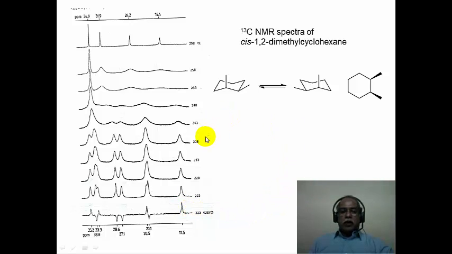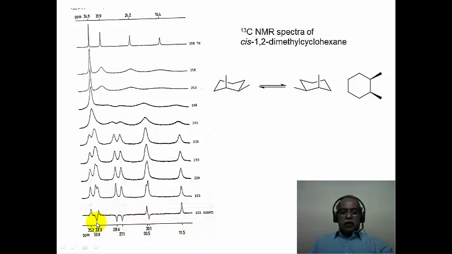As I said, if this molecule were existing in a frozen state without the conformational interconversion, there will be a 1:1 mixture of these two isomers, which are enantiomers. Enantiomers are indistinguishable by NMR spectroscopy. They are chemically equivalent, so the chemical shift value of this equatorial carbon and this equatorial carbon will be identical. So one should see 8 signals in the NMR spectrum, of which 4 will be CH2 carbons, 2 will be CH carbons, and 2 will be CH3 carbons.